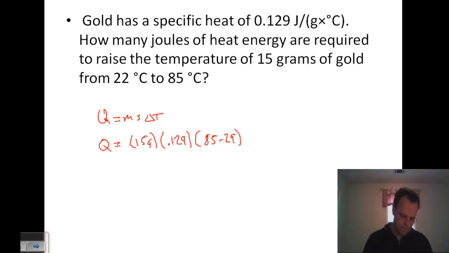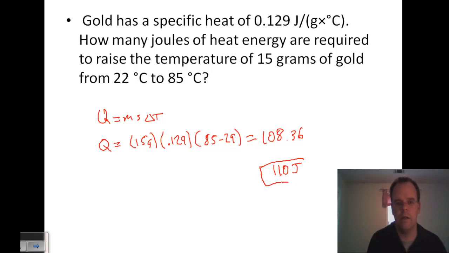So we need to do 85 minus 29, which is 56. Multiply that by 0.129, and then multiply that by 15. And we get 108.36 joules. Based on significant figures, we had 2 significant figures, so our correct answer is 110 joules.